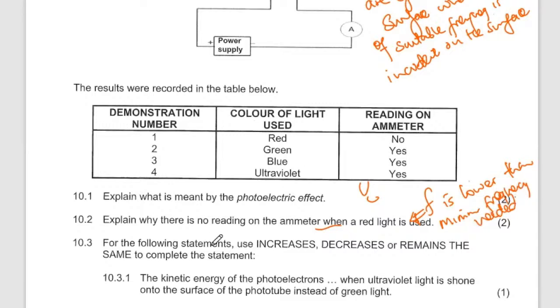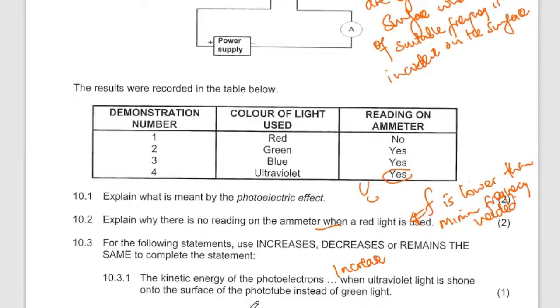Then for the following statements, use increase, decrease, and so on. The kinetic energy of the photoelectrons dash when ultraviolet is shone on the surface. In this case, we're just going to say increase, because with ultraviolet the reading is a yes, so it increases.